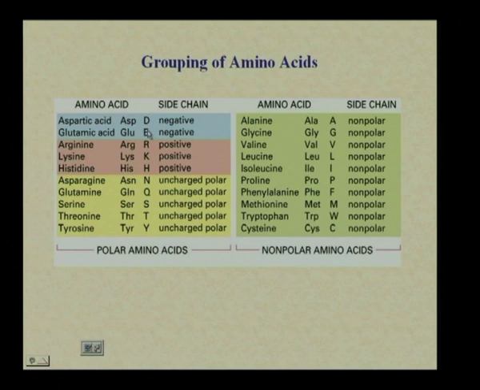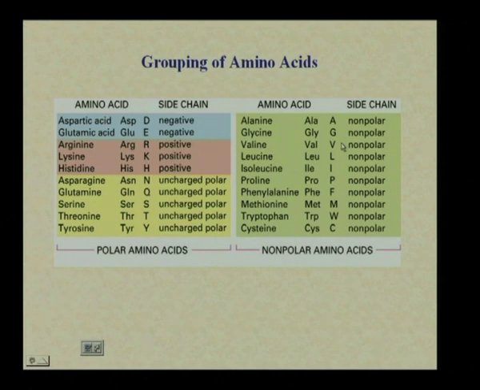Then we have the arginine and the lysine. In the uncharged polar set, you see how we have the changes; these are the 3-letter codes and these are the 1-letter codes. Then we have the non-polar amino acids.